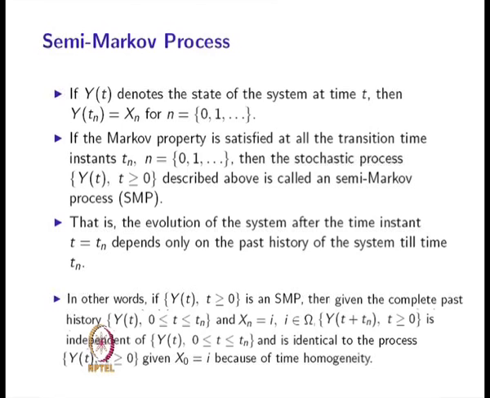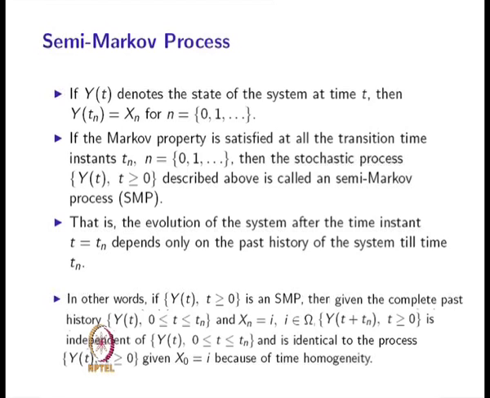Y of t plus Tn is independent of Y of t given the complete past history Y of t, and Xn is equal to i, and is identical to the process Y of t given x0 is equal to i because of time homogeneity.